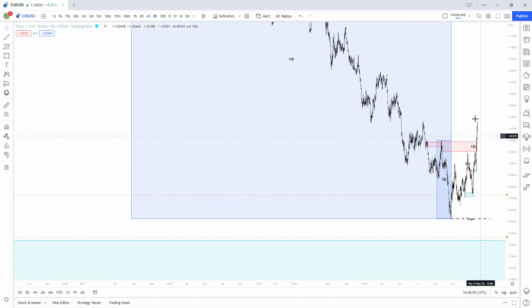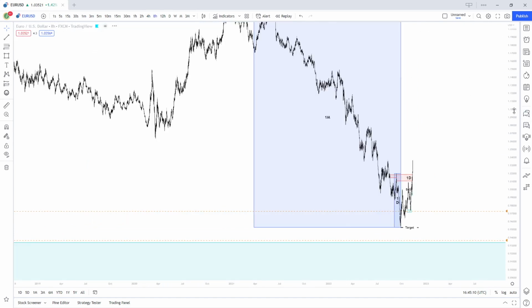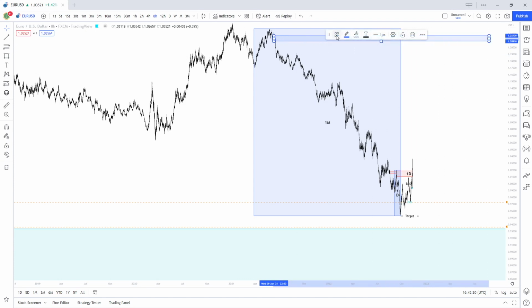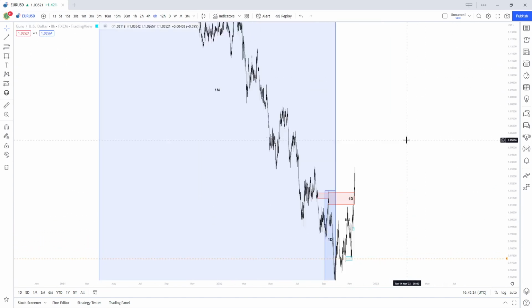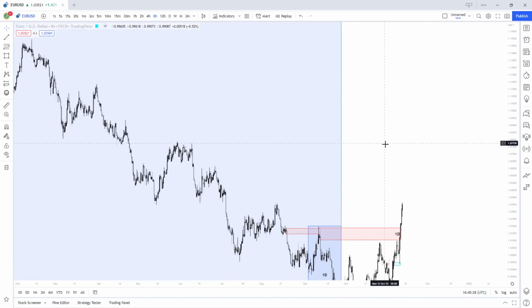So the clearance of that high is going to now suggest the formation of a correctional wave within this structure. So what we need to do is look inside of here for any supply zones that price may want to slowly retrace and deliver that correctional wave back up to before reversing and creating a new impulse lower. So I will be doing that in my own time.